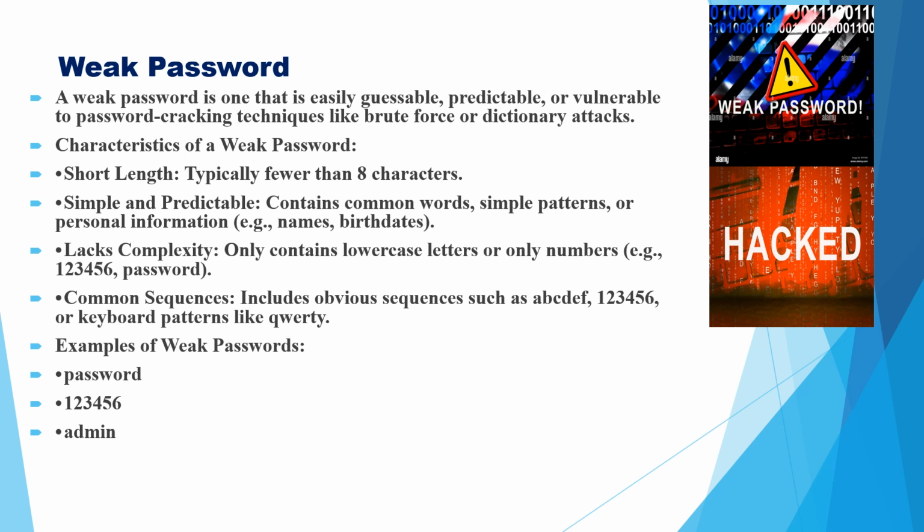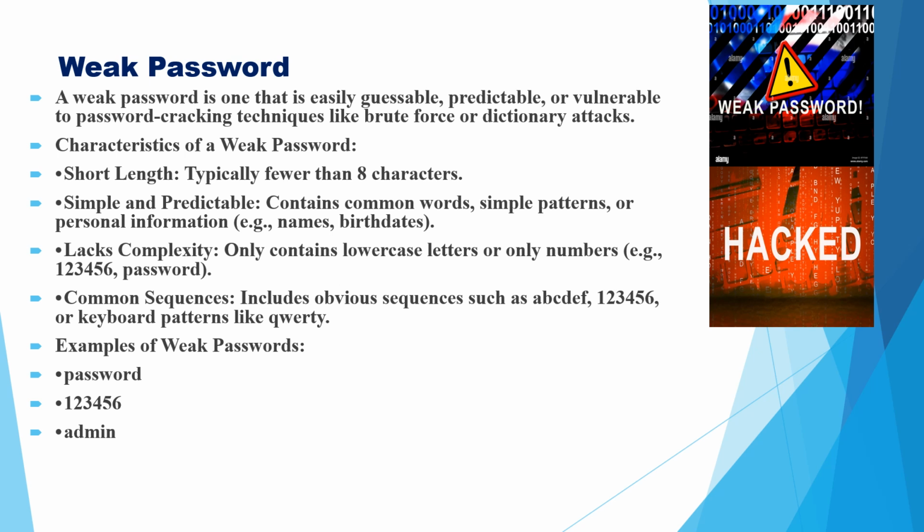Then we'll know what a weak password is. A weak password is exactly the opposite of a strong password, which can be easily guessable, predictable, or insecure for any system. Characteristics of weak passwords are: it is of short length, it contains common words, simple patterns, and personal information.